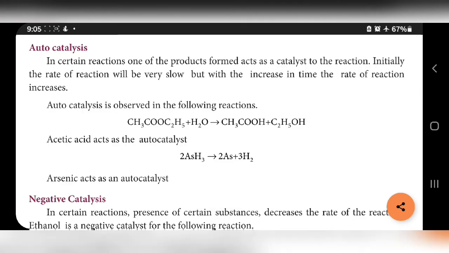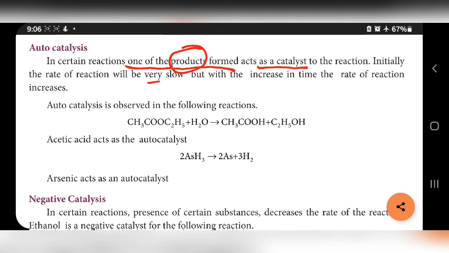Next heading, autocatalysis. Auto means automatic. So here there is no need to indicate any catalyst separately. One of the products itself acts as a catalyst. That is called autocatalysis. So in certain reactions, one of the products formed acts as a catalyst.